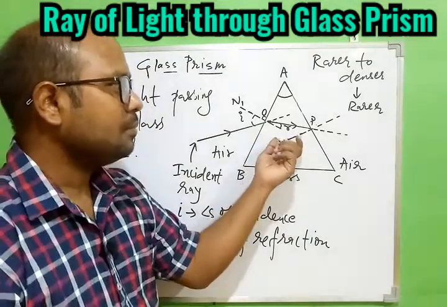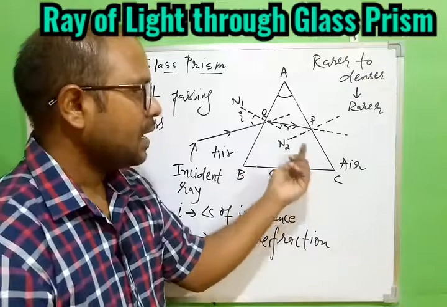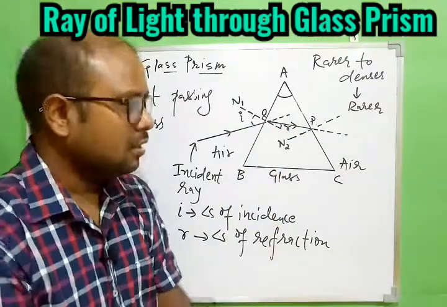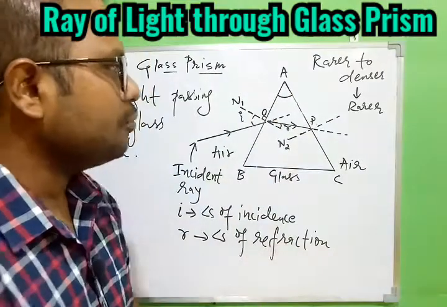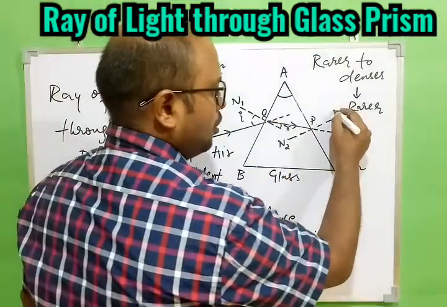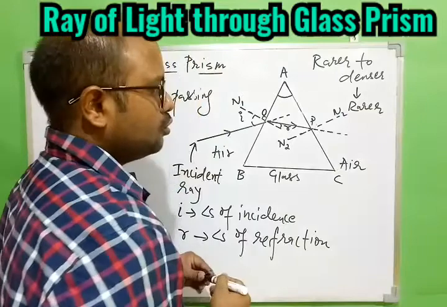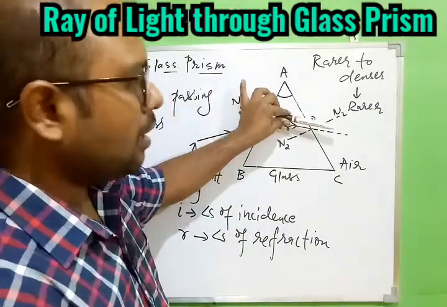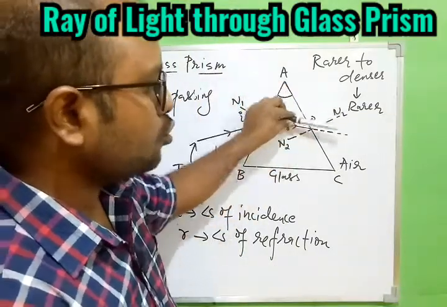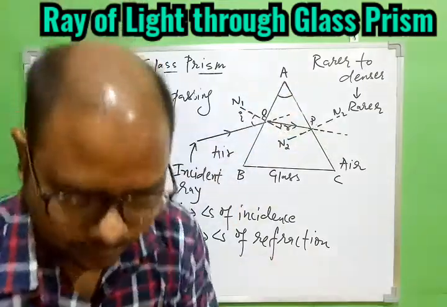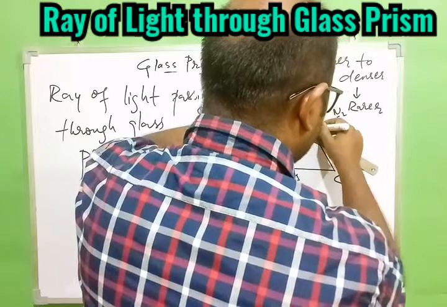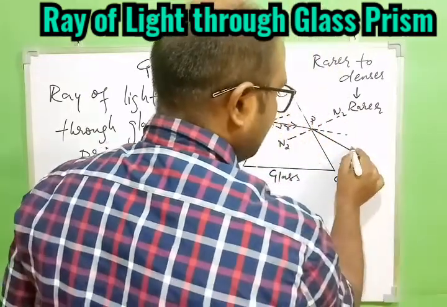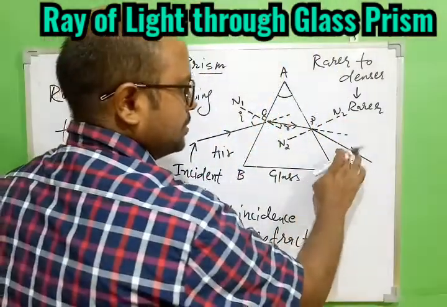But now since we have a change in the medium, again the ray of light will change direction, and since the light is traveling from denser to rarer, it will bend away from the normal. Away means, this is the normal N2, so the light must bend away from this N2, so the light will come somewhere downward, and this is my emergent ray.